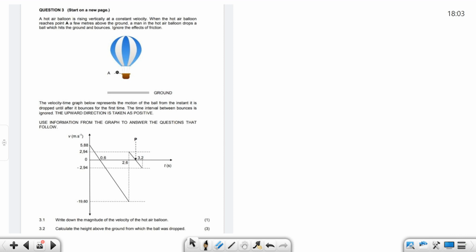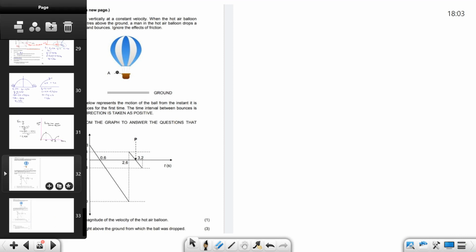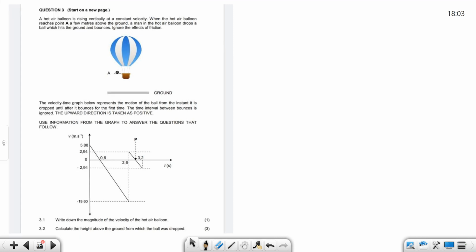A hot air balloon is rising vertically. Fumani is going to create an excuse. Let's create something for him. I don't want your excuses, because he's already shaking his head that he can't see.